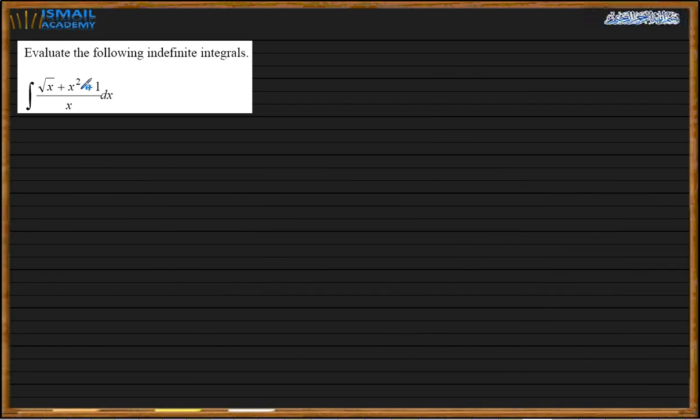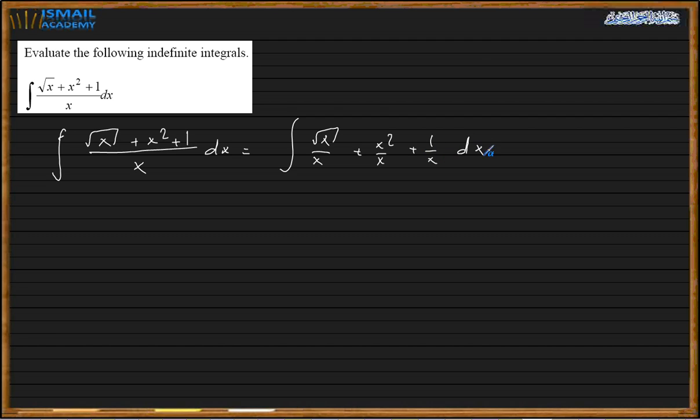Here they ask me to evaluate the indefinite integral. So we'll have the integral of square root of x plus x squared plus 1 over x dx, which will be the integral of square root of x over x plus x squared over x plus 1 over x dx. This is the same thing as, let me change it to powers, half minus 1, so it's going to be x to the minus half plus x plus 1 over x dx.